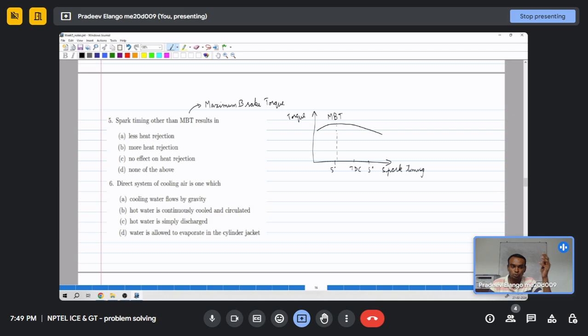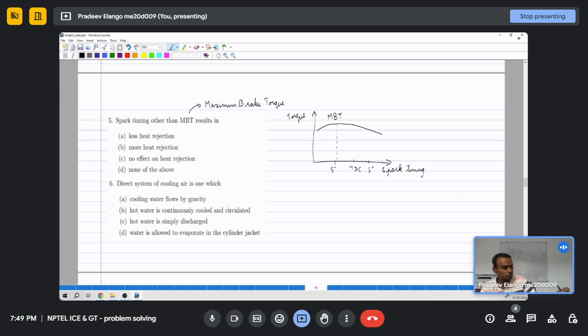And so if you go later than the MBT, then obviously you will have more heat rejection because you didn't have good expansion time. And similarly, if you go before also, you will have the same, more heat rejection. And so that is why it is more heat rejection.